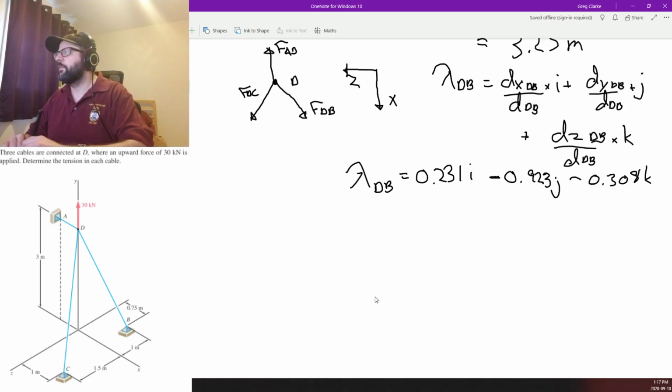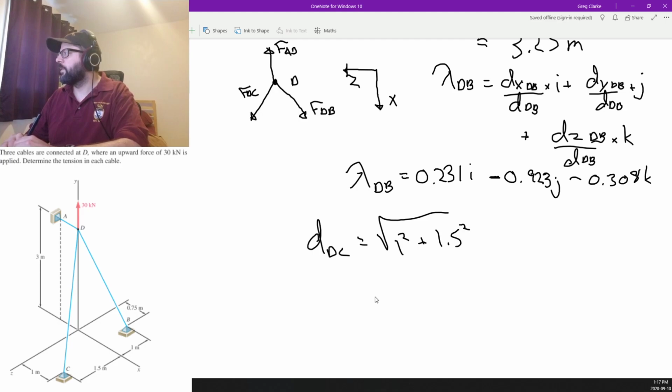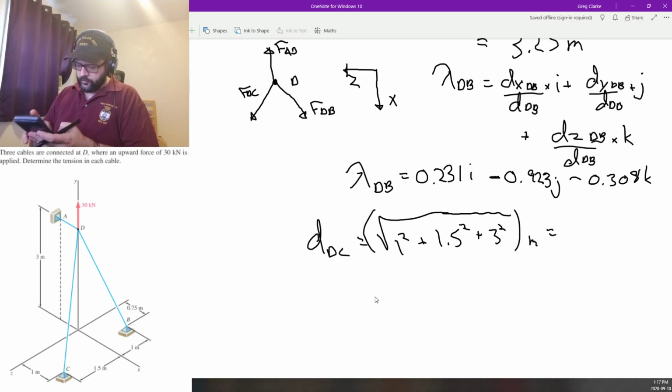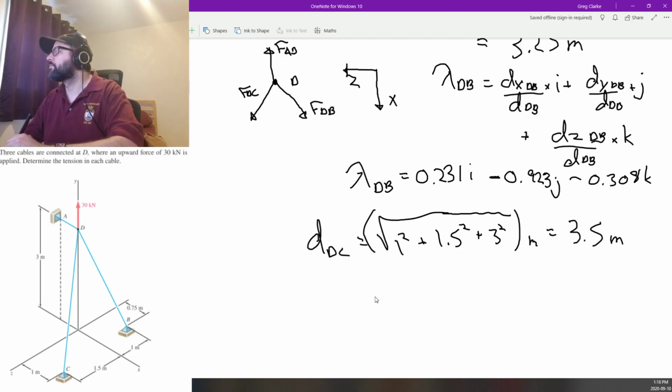So we just do something similar for our D to C. So the distance from D to C, it's just going to be square root of 1 squared plus 1.5 squared plus 3 squared, and again this is all in meters. It's 3.5 meters.